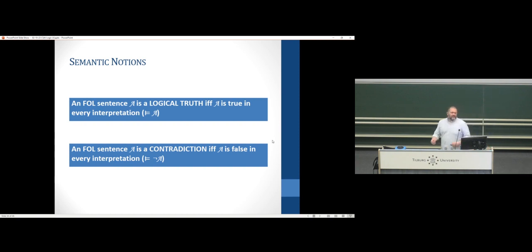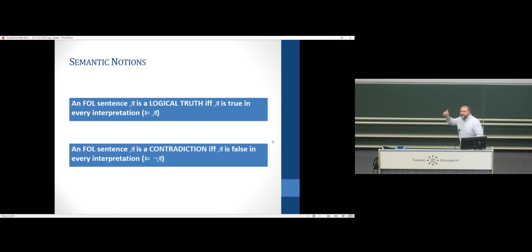Similarly, an FOL sentence is a contradiction if and only if there's no interpretation where it's true. Note, these are very similar to, though distinct from, the notions of a tautology and a TFL contradiction. The difference, not just the language, but the difference is in what they're defined in terms of.